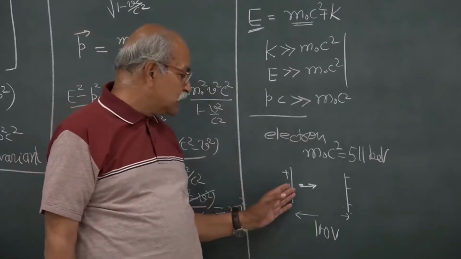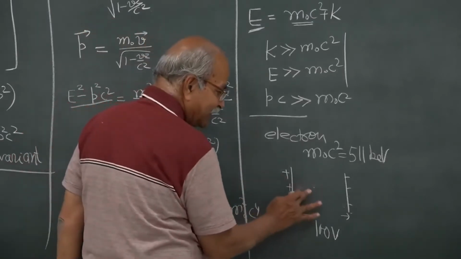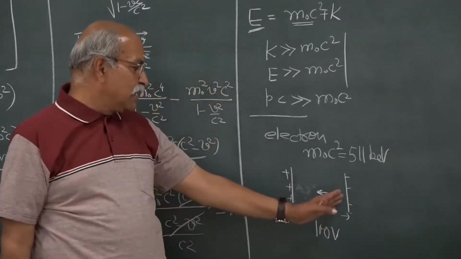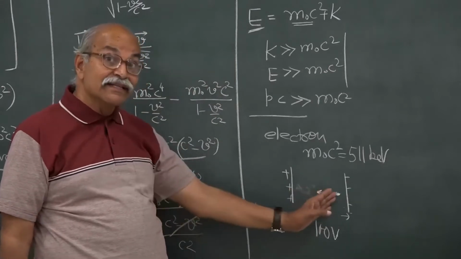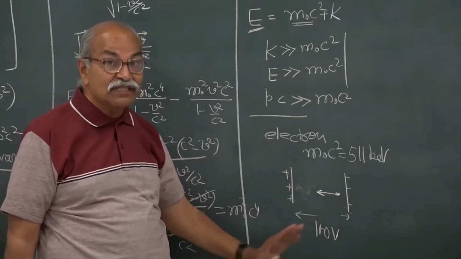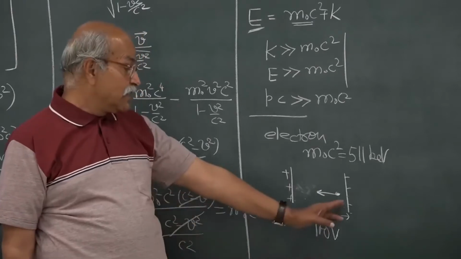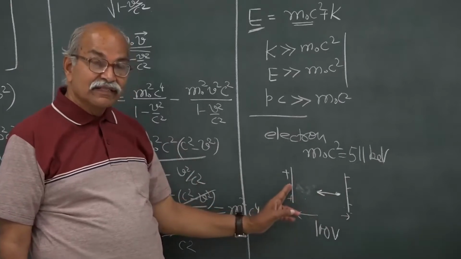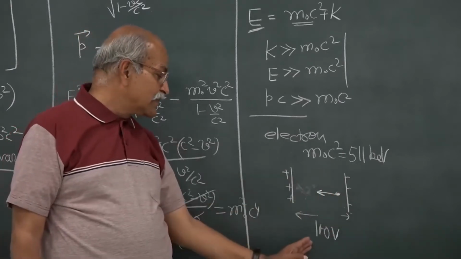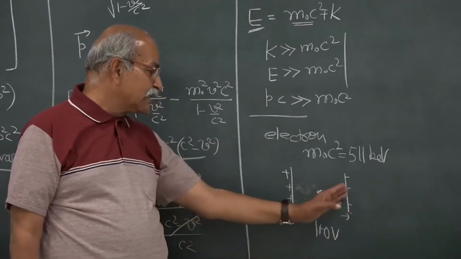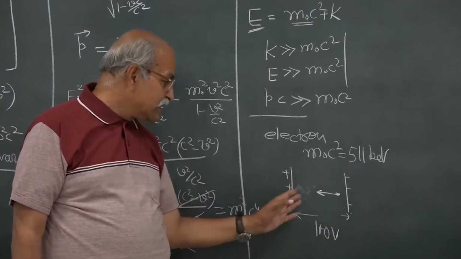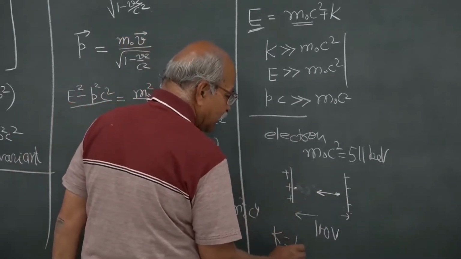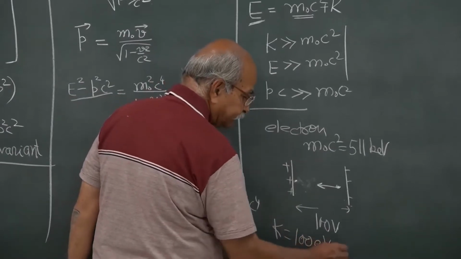Let me write it this way. The field is in this direction, so force is in this direction. From here when it reaches here, the kinetic energy is increased by 100 electron volts. If it is released from rest from this plate and reaches here, then the potential energy decreases by 100 electron volts, kinetic energy increases. So, when it reaches here, the kinetic energy becomes 100 eV.